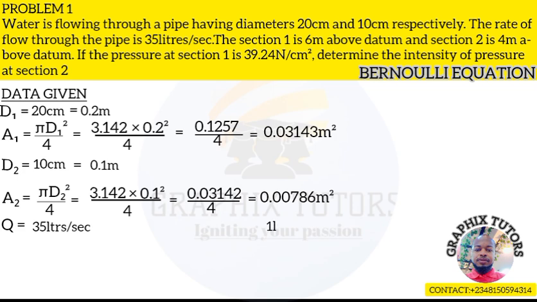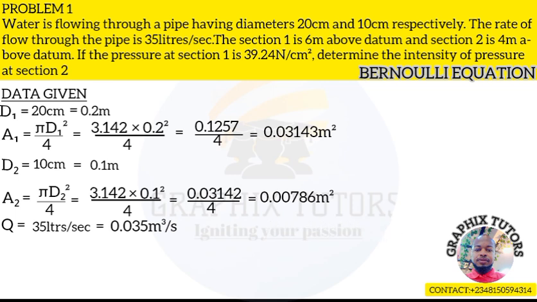So 1 liter is equal to 10 raised to power minus 3 meter cube, or 1 over 10 raised to power 3 meter cube. So 35 times 1 over 10 raised to power 3 means 35 divided by 1000, because 10 raised to power 3 is 1000. So 35 over 1000 gives us 0.035 meter cube per second. Are we together?